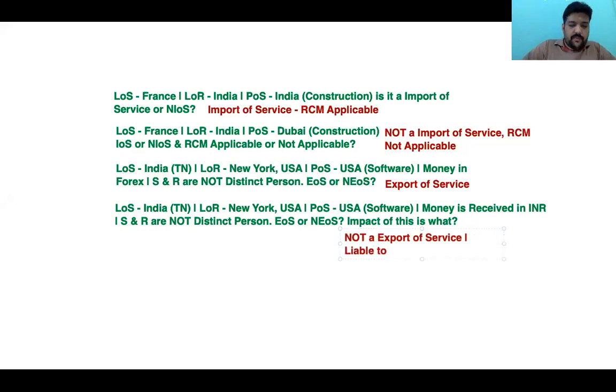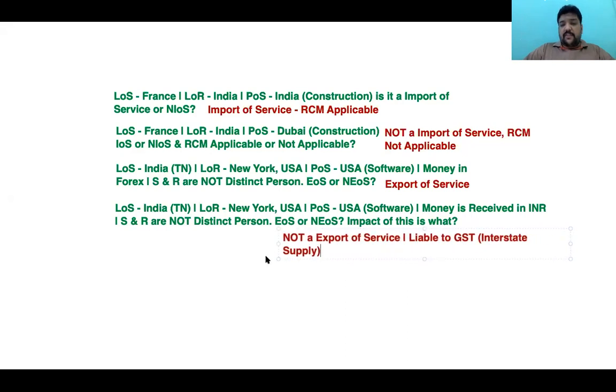Liable to GST. Of course, no doubt, as interstate supply. Refer to your section 7 subsection 5. Section 7 subsection 5 will come out and say supplier outside India, place of supply in India, it would be treated as an interstate supply.